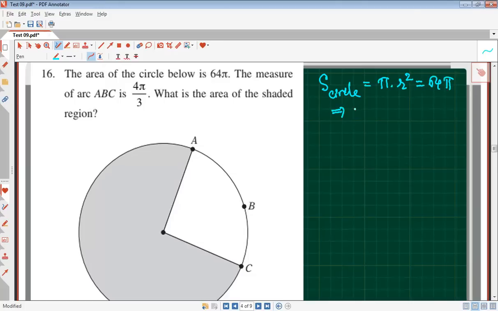This means r equal to 8. The measure of the arc ABC is 4 pi over 3.